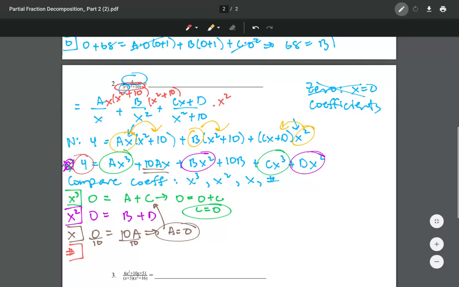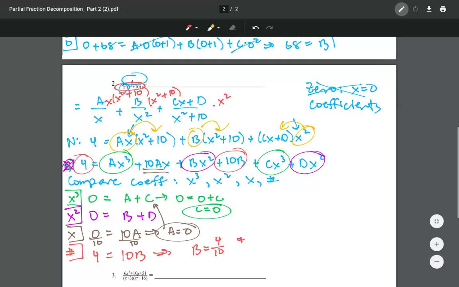I do have a constant on the left. So 4 is equal to constants 10b. Right? There aren't any other, just double checking. Yep, 10b. So this tells me that b is equal to 4 divided by 10.